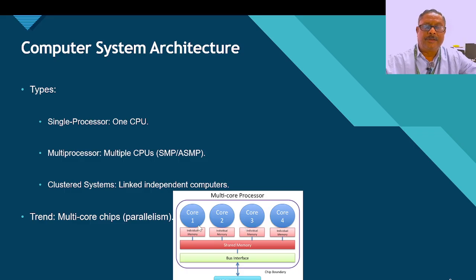In this multi-core system, we can run a different process on each core, or even a single process can be divided into different parts, and if they can be run parallelly, then we can run them in parallel so that we can speed up the process.